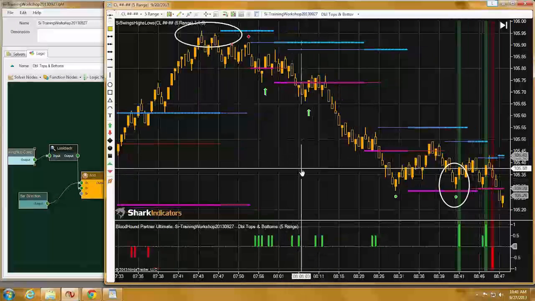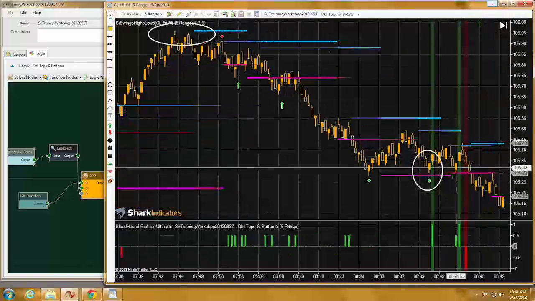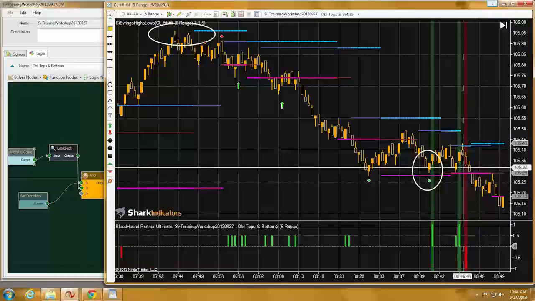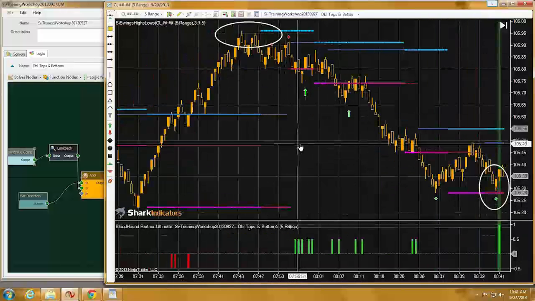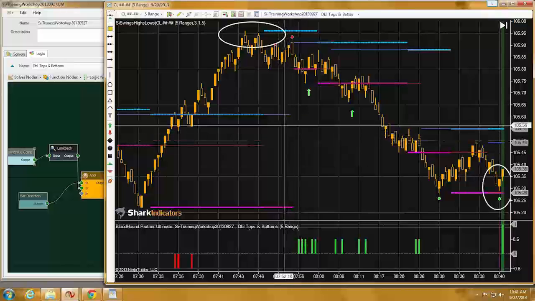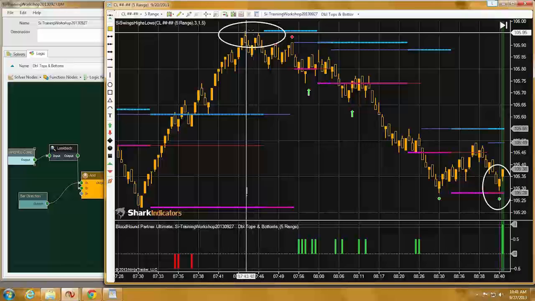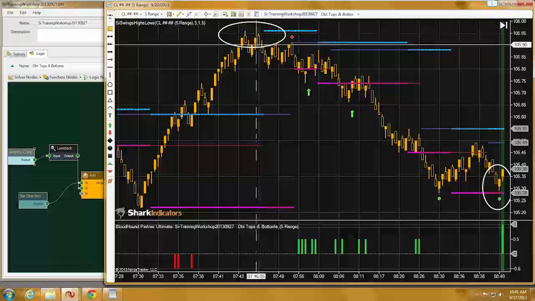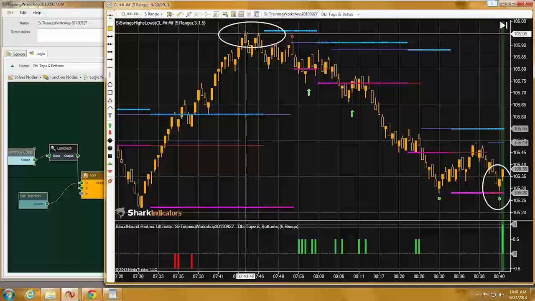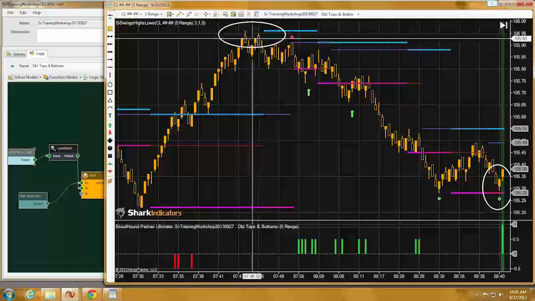Okay, so that cleaned things up, well, didn't clean this up too much, but unfortunately there was a side effect and we lost this double top up here. I guess that was to be expected because remember there's only 4 bars between these.